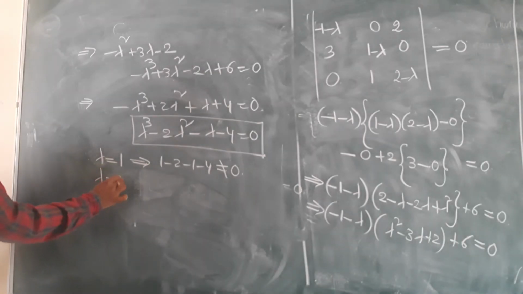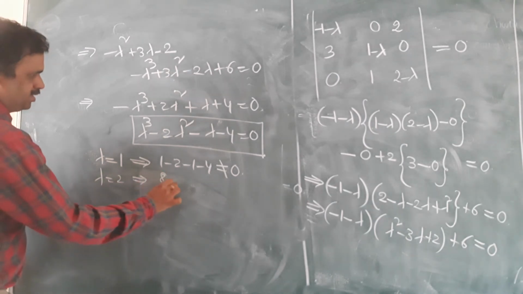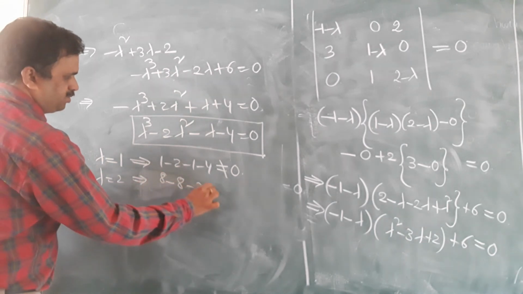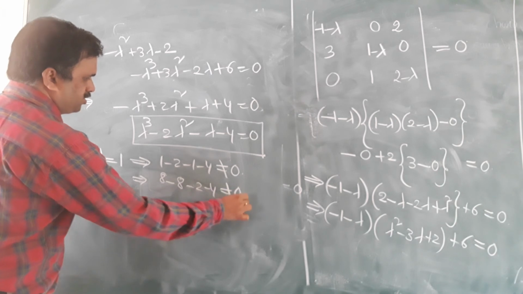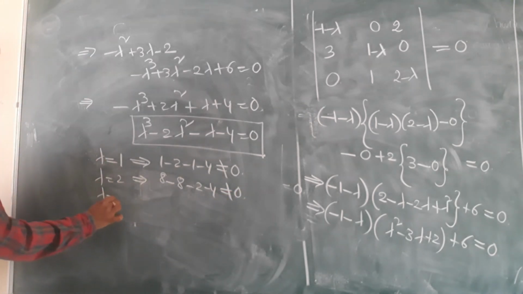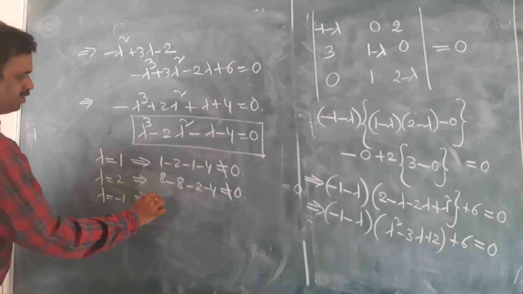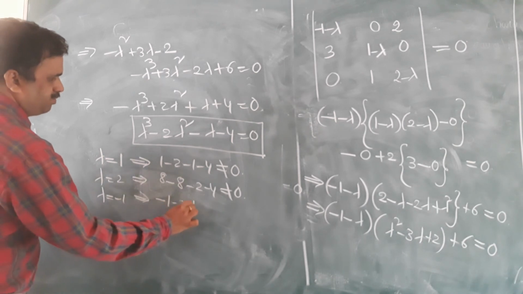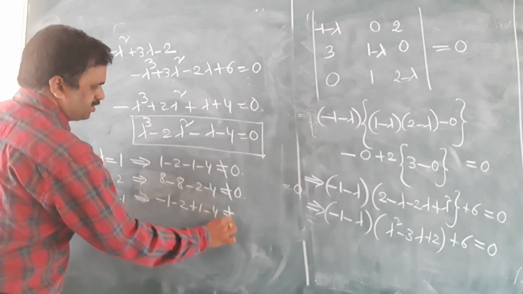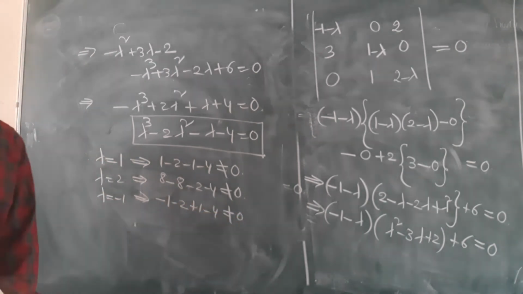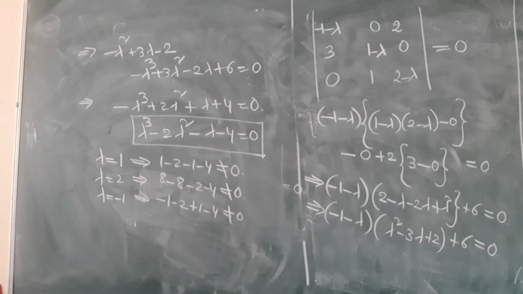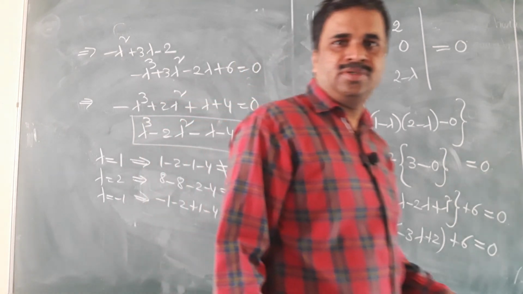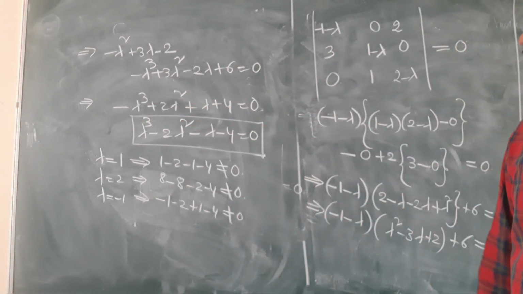Lambda equal to 2: 8 minus 8 minus 2 minus 4 not equal to 0. Lambda equal to minus 1: minus 1 minus 2 plus 1 minus 4 not equal to 0. Try like this: lambda equal to 1, 2, 3, minus 1, minus 2.